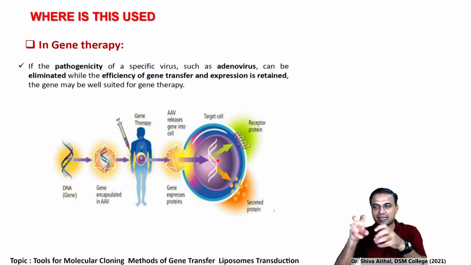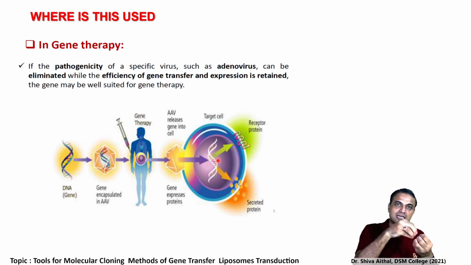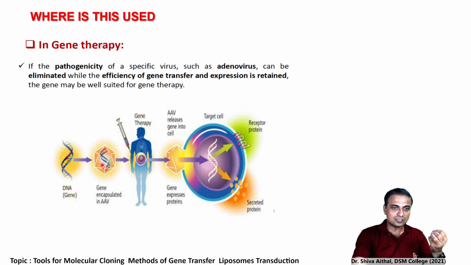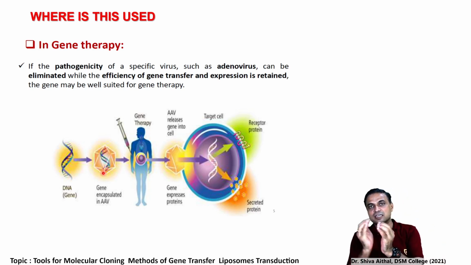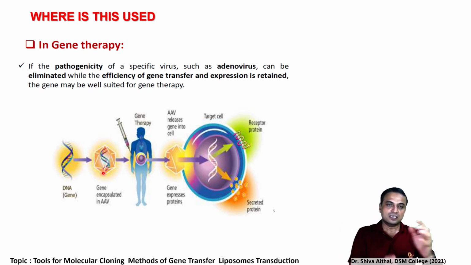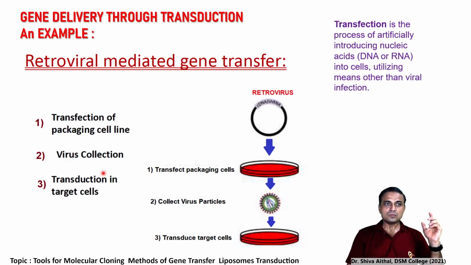It will attach onto the cancerous cells, because the protein coat of the virus is designed in such a fashion that it will recognize the specific cells. In this example, it will attach on the cancer cells, release its DNA into them, and then those cancerous cells will be destroyed. This is a promising therapy of the future, and it is in vogue, in use successfully. So let us see an example of gene delivery through transduction.